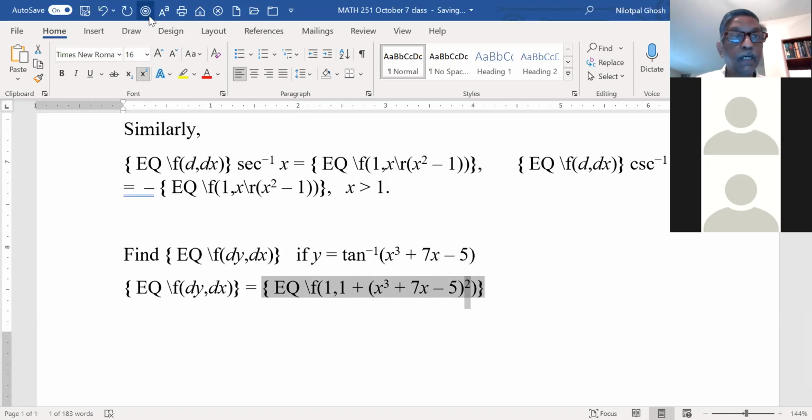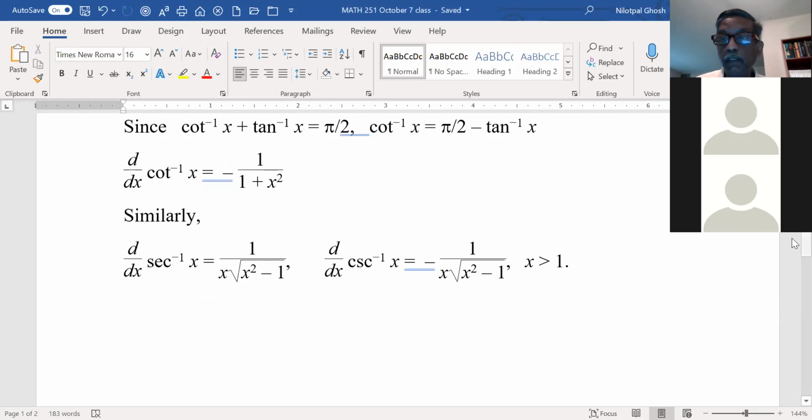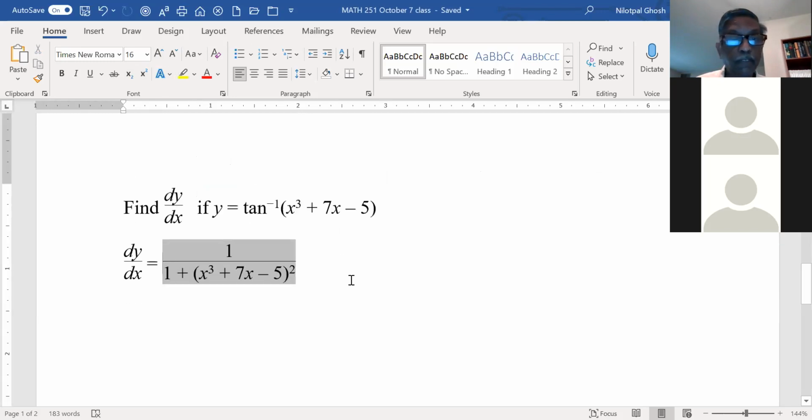So this is what we got so far. Here is what we have, multiplied by the derivative of the inside. What is the derivative of the inside? 3x squared plus 7. Instead of writing it outside, I'm going to put it on the numerator.